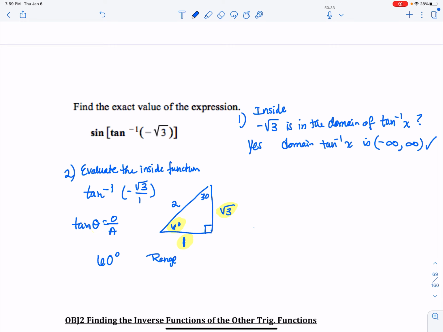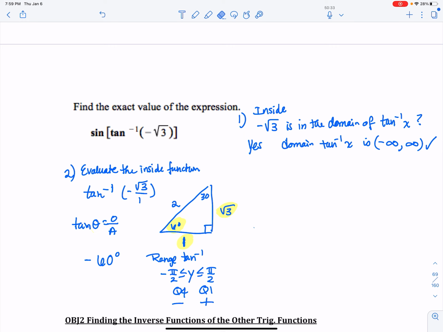The range of inverse tangent is going to be, my y value has to be a value between negative pi over 2 and positive pi over 2. So negative 60 degrees is going to be the answer because it's in the range. Your range for inverse tangent is quadrant 1 and quadrant 4, where positive values go in quadrant 1 and negative values go in quadrant 4.